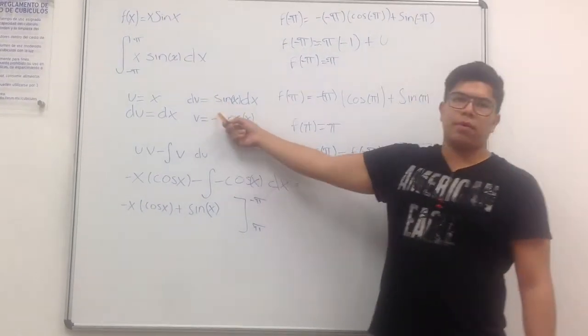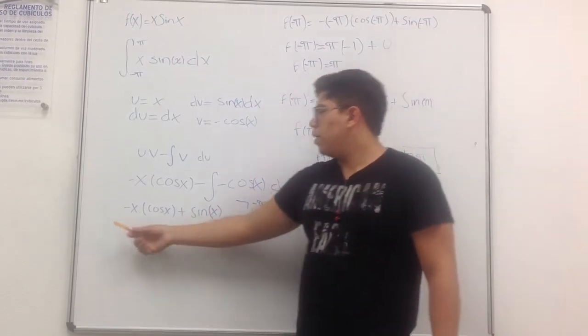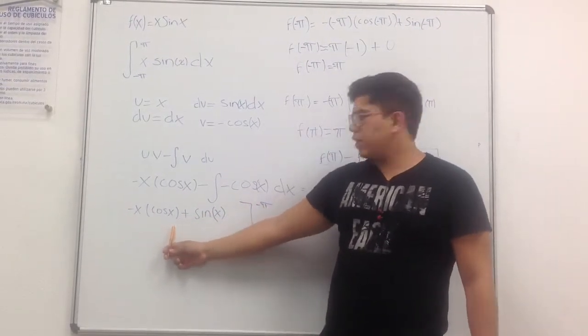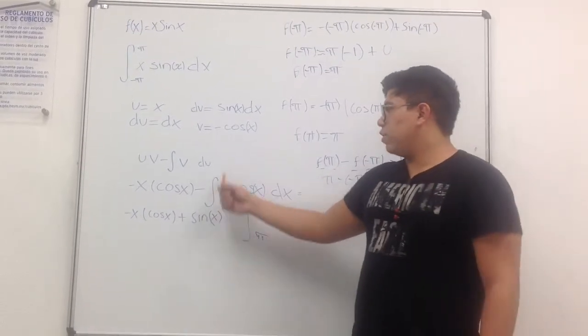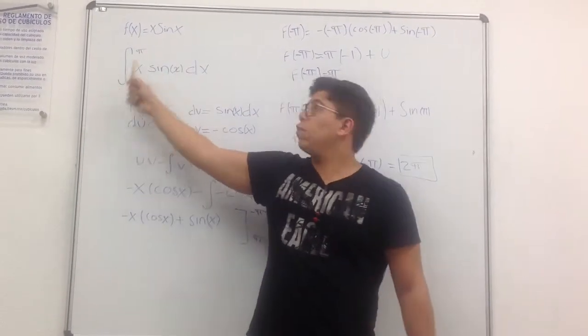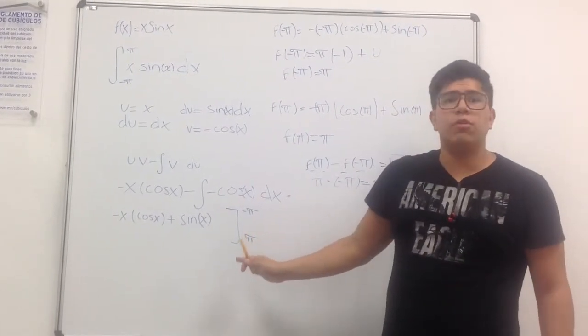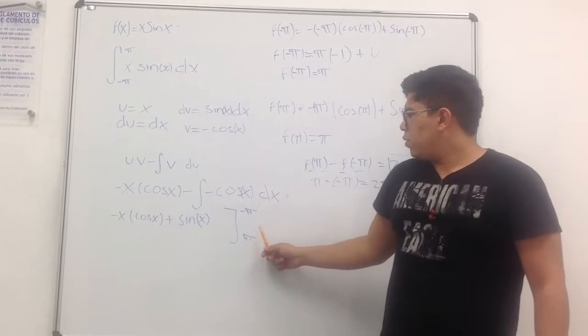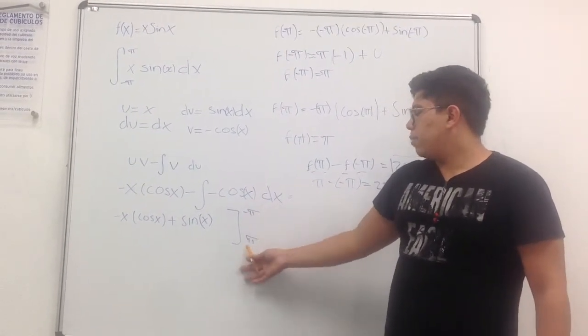We have that minus x times cosine of x plus sine of x is equal to the integral of our function, and we know that this is a definite integral defined from minus pi to pi.